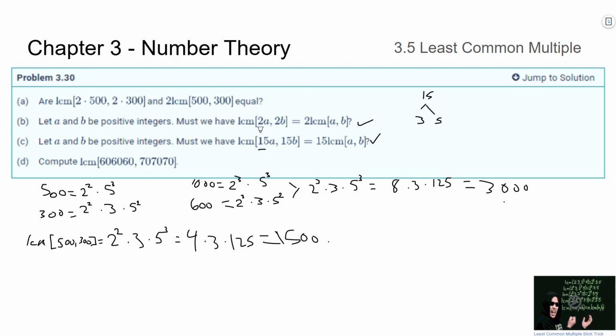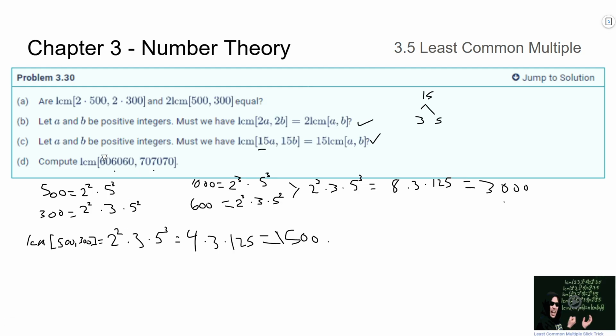So we can factor common multiples out of the least common multiple to make it easier to solve. And we can do that with this one right here. If we were to try to find the prime factorization for these numbers, that would not be a very fun day. But we don't need to do that because we can see that this number and this number share a common factor.